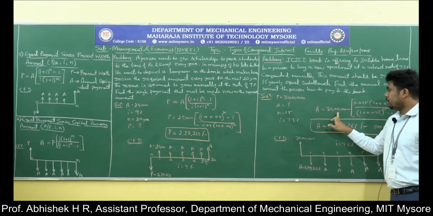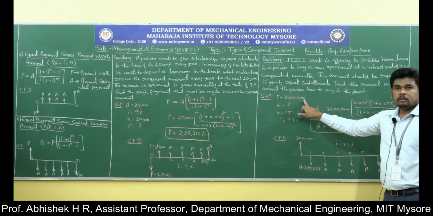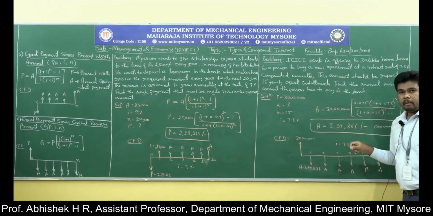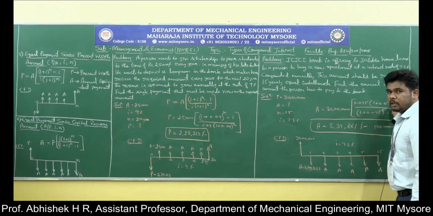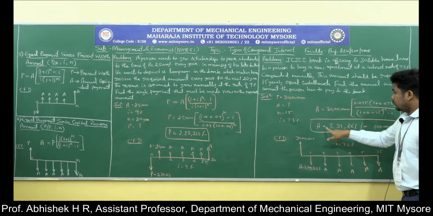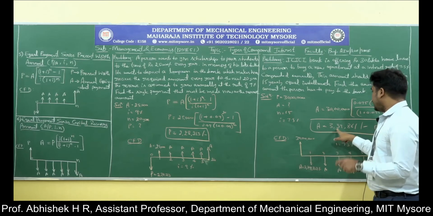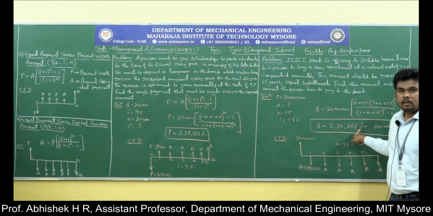In place of P we have 30 lakh rupees, the total amount. The rate of interest 7.5% means 0.075, and small n, the duration, is 15 years. So a person has to pay 3,39,861 rupees per year.